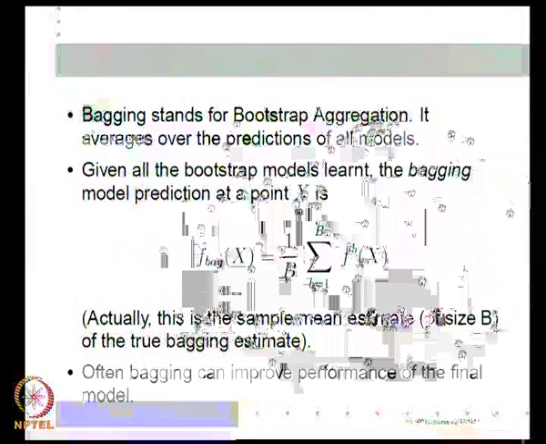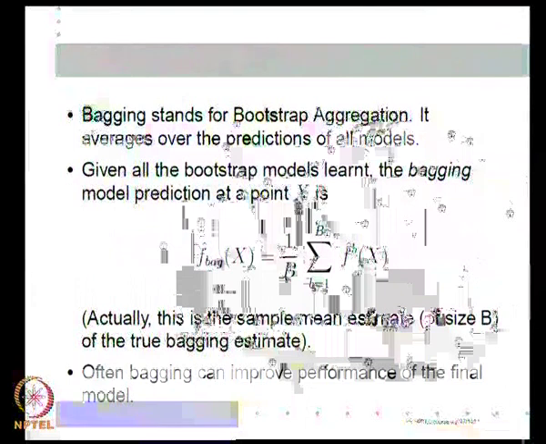So, often bagging can improve performance of the final model. Instead of using any one of them, if you use all of them and average out, of course, I have to ask what averaging means in a classifier context. In a regression context, I can immediately see what averaging means. In a classifier context, what should I do? If it is a 2 class problem, I can take f hat B to be plus 1 or minus 1. Then I can take the sign of this average, but if I am taking the sign, of course, that 1 by B makes no difference.